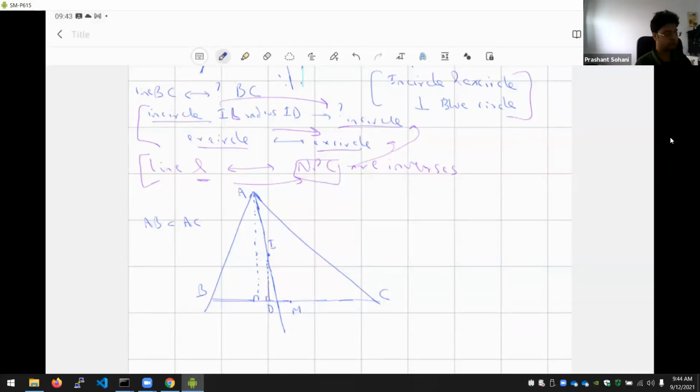So D is the point of tangency of the incircle. And similarly on this side, I'll have point D1. I will not draw the excircle for now. So this is our circle of inversion.